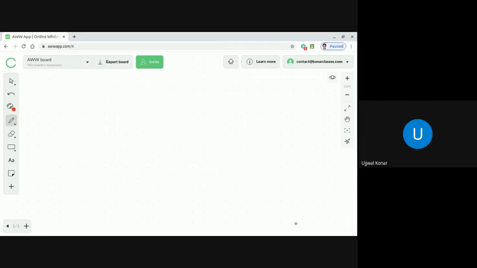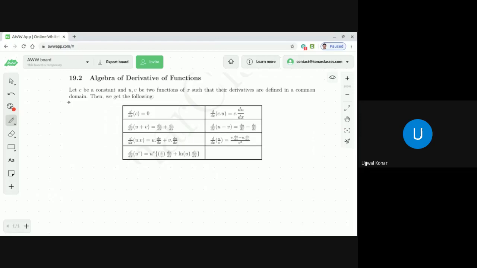Okay. So what it says is the differentiation of a constant. So d/dx of c is equal to 0. Let's understand this point a little more. d/dx stands for the rate of change of something with respect to x.